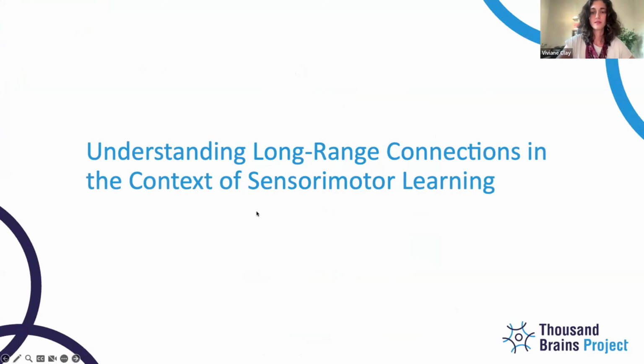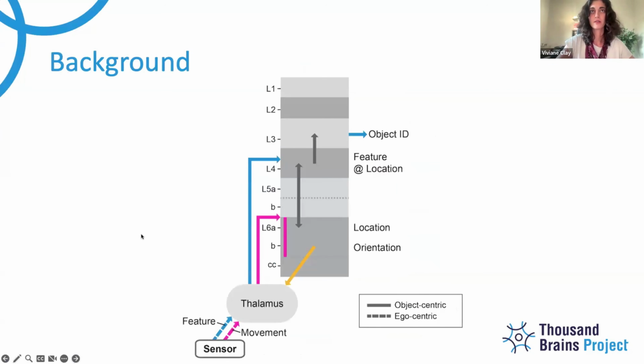And to explain those roles, I'll start with some background. Some of this has already been published before as the Thousand Brains theory. Some of it is new. But this is briefly focused on just one column, so not long-range connections, to give a bit of a foundation.